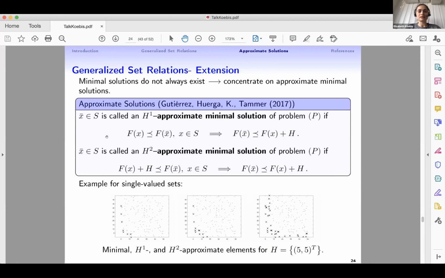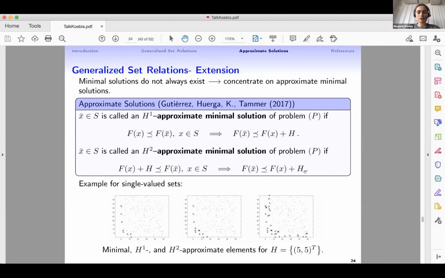And we have also defined a different definition for approximate minimal solutions in this way, which we called H2 approximate minimal solutions, where we say that if f of x plus h, and here this h appears on this side as well, if this set is better than f of x bar, then f of x bar is better than f of x plus h.